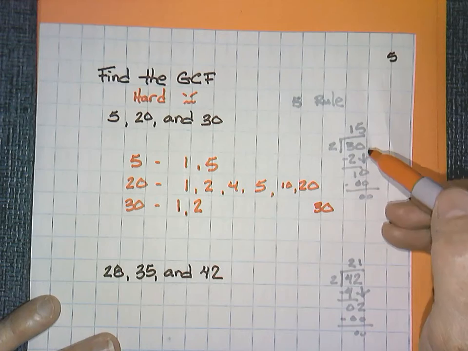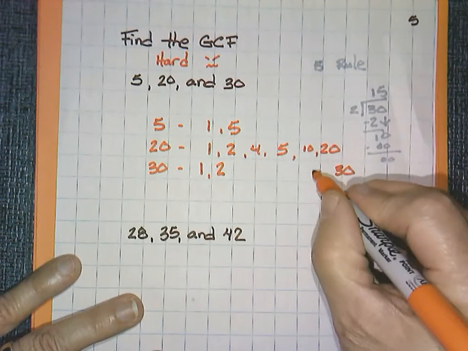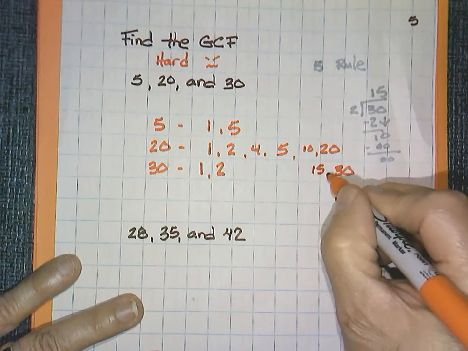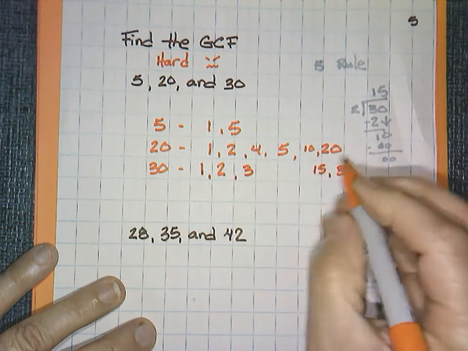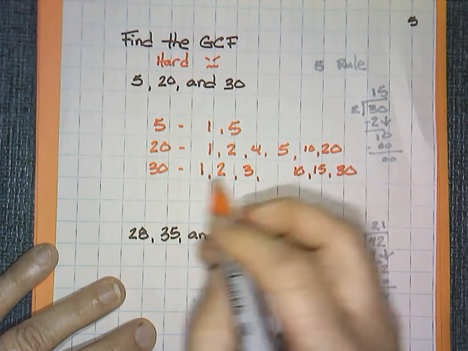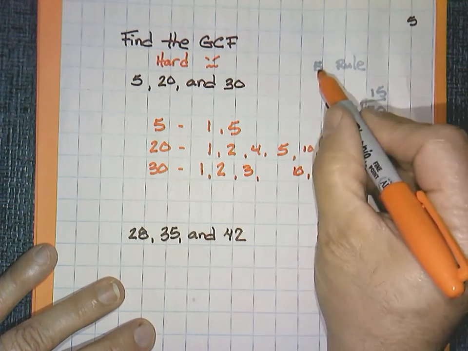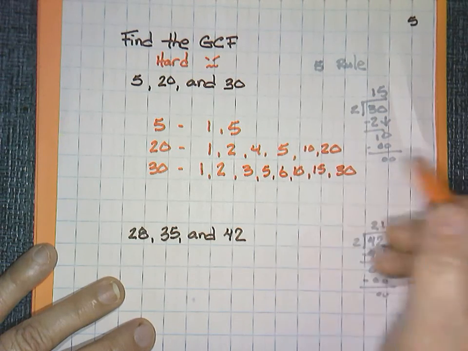So I just did it here ahead of time. 30 divided by 2 is 15. And then 3, 10. And also we said that because it ends in a 0, it has to have a factor of 5, and that would be 5 times 6.